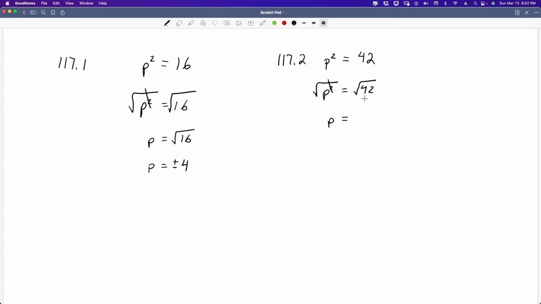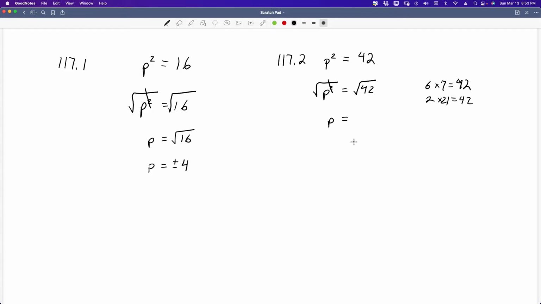Can we get identical factors out of 42? No, because 6 times 7 is equal to 42. That's as close as we can get to identical factors. They're 1 integer apart. We could also say 2 times 21, but that's not even close. So there are no identical factors here that we can pull out of the radical sign.